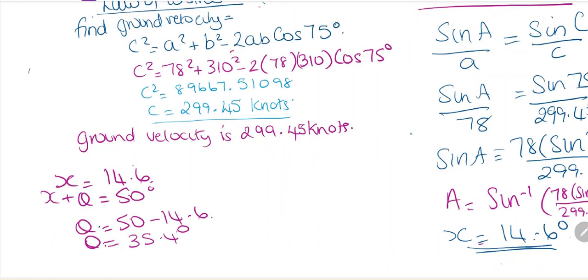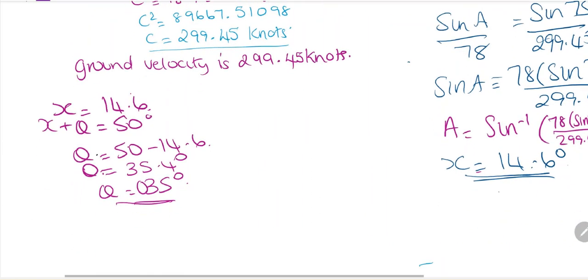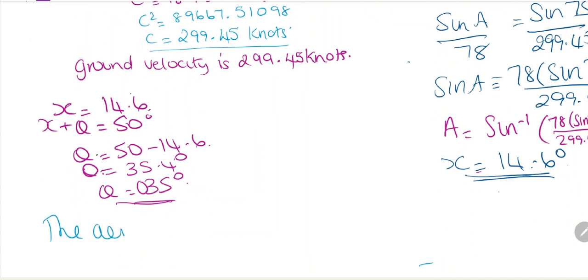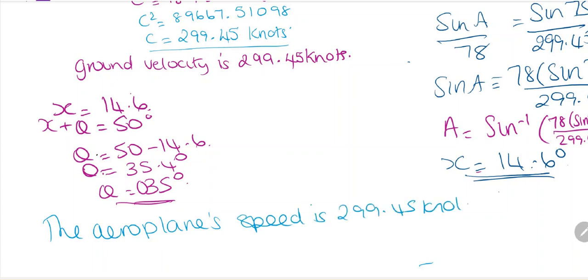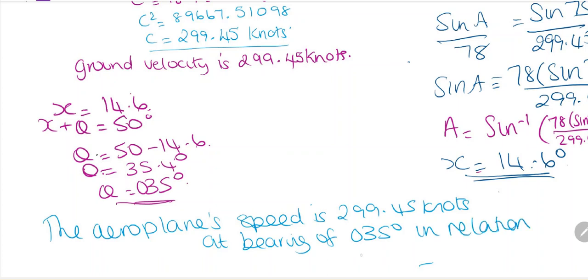And we can take the bearing of 035. So our final answer is the aeroplane's speed is 299.45 knots, and it's at a bearing of 035 degrees in relation to the ground.